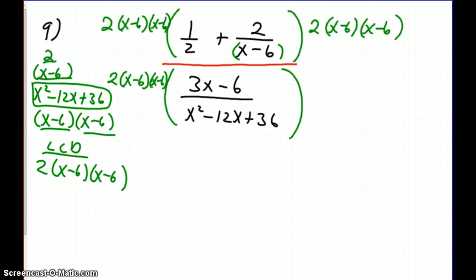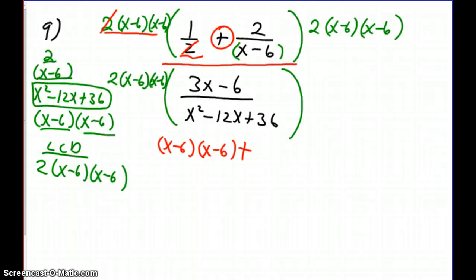Okay, so now what you're going to do is multiply each fraction by the LCD, which will cancel denominators. On the first one, I multiply this by the first fraction. What's going to cancel? The 2's cancel, which gives me (x - 6) times (x - 6). Then plus, now multiply the second fraction by the LCD. What's going to cancel?